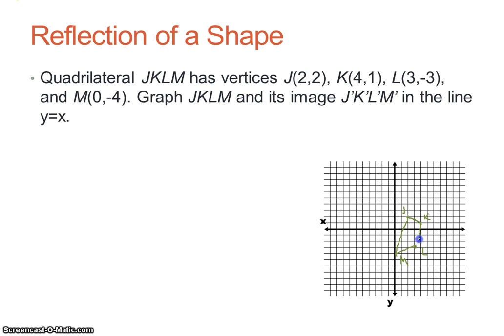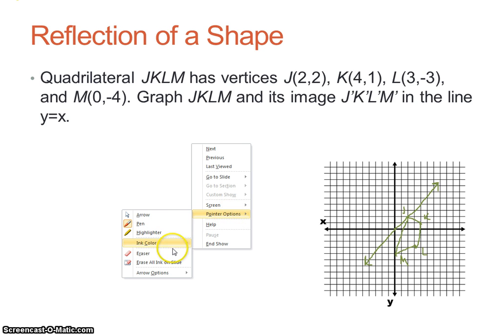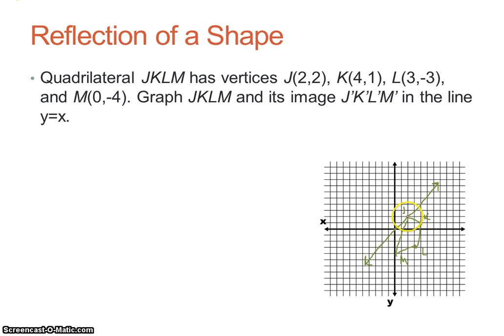If we connect those, we get a quadrilateral. Next we're going to graph our y equals x, the line that we're reflecting over. So we'll start at 0, 0, with a slope of 1. Now all we're going to do is take each point and reflect it over. If we look at J, it's on the line, so it's 0 units from the line that we're reflecting over, so it's not going to move. Let me change colors. Let's pick red.